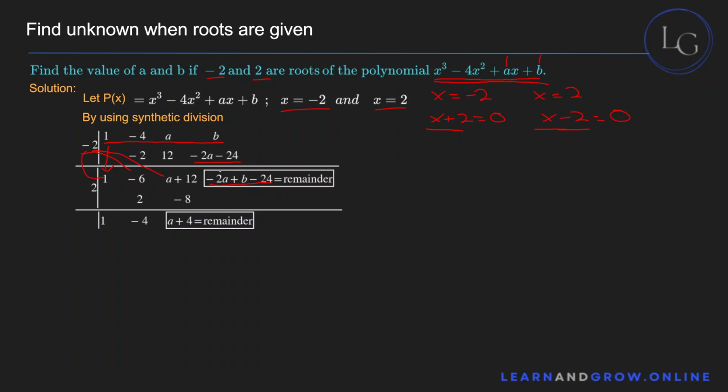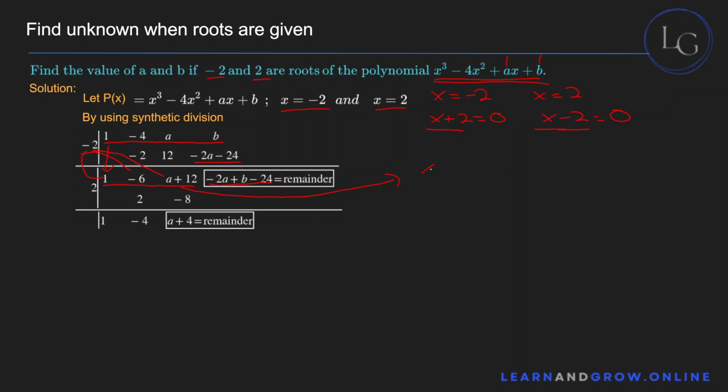Now, obviously, you'll ignore the remainder and you look at the coefficients. These three coefficients over here are basically the coefficients of the quadratic term that x plus 2 over here is being multiplied with.